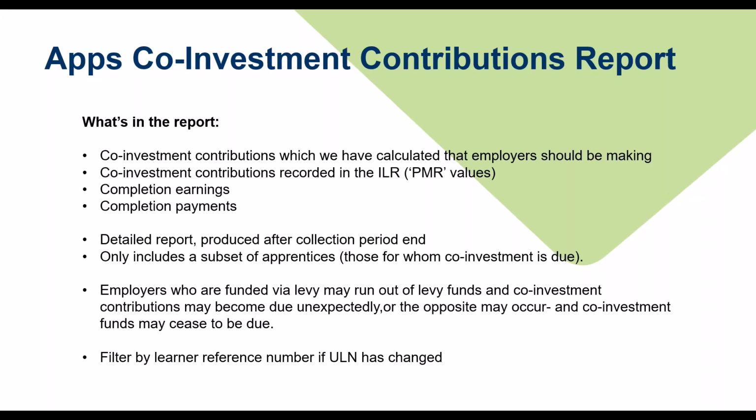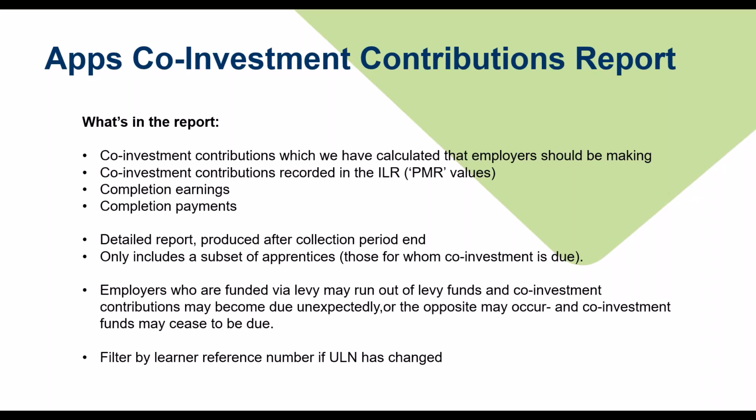I think this is particularly notable. It can catch people out. Employers who are funded via levy can run out of levy funds without any warning. They may not have a very large levy balance, or technically speaking, they may accidentally under-declare their levy to HMRC, which would then significantly reduce their levy balance.